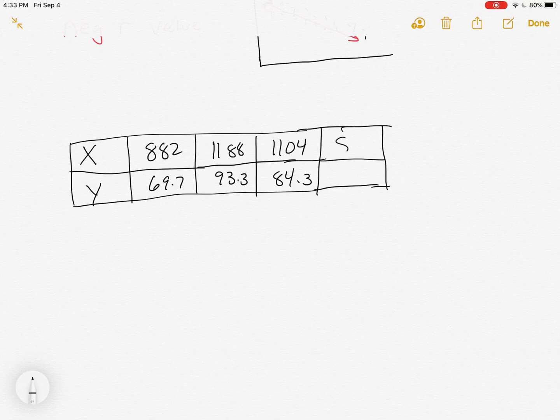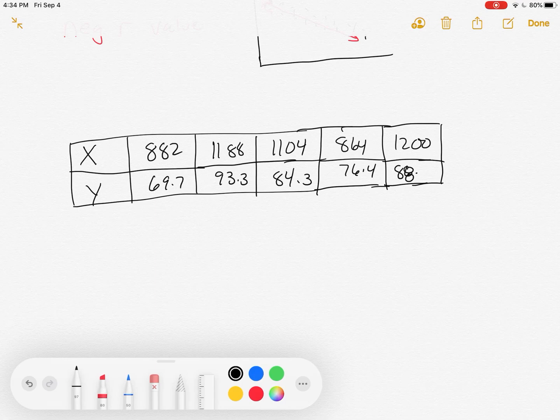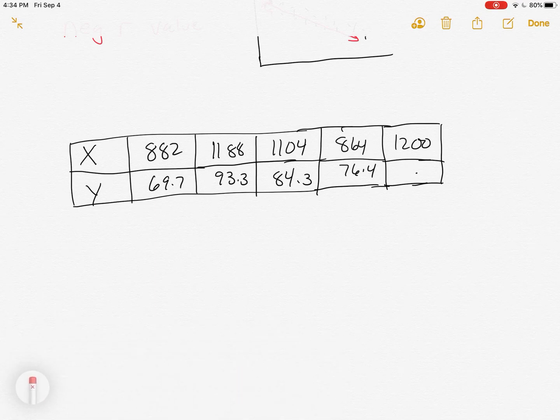Now remember, your homework only has 5 problems from this section, so you'll be able to spend the time that you need. 1286, that's an 88. Let me erase that so you see it better. 88.6.